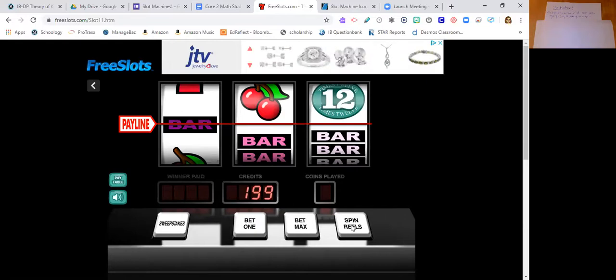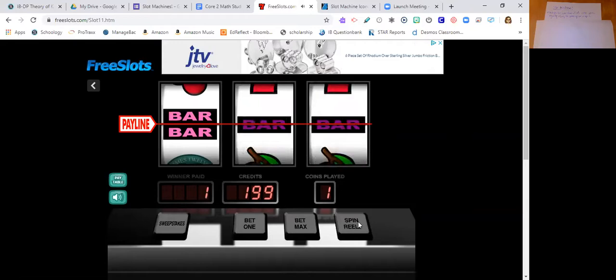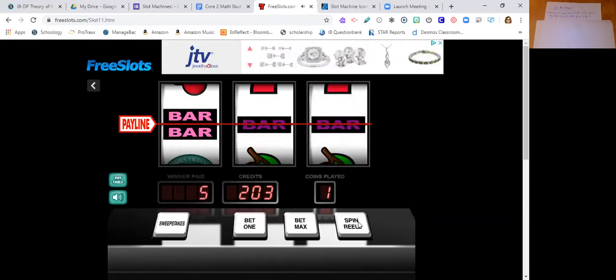And here's your spin reels. That's going to spin this wheel, this wheel, and this last wheel. Right now, I'm just going to bet one. So I'm playing one coin, whether that be a dollar, a quarter, $5, but I'm just doing one. I'm going to spin my wheels. Ooh, because I got that combination of double bar, then a single bar and another single bar, I actually won 5 credits.